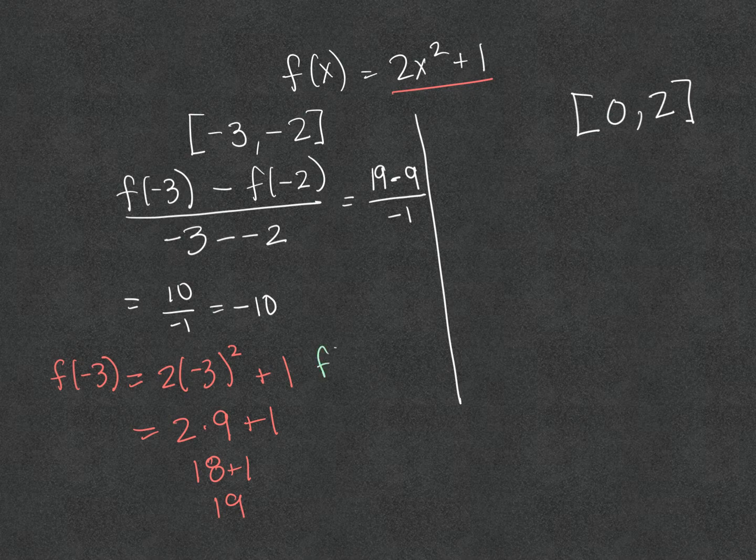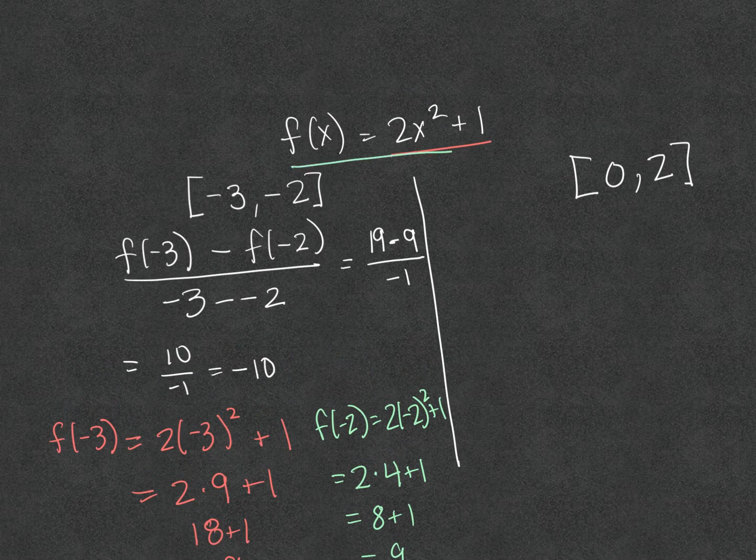Likewise, f of negative 2 is 2 times negative 2 squared plus 1, which is 2 times 4 plus 1, which is 8 plus 1, which is 9. So essentially, I am plugging my two endpoints from my interval into the function that they gave me to analyze.